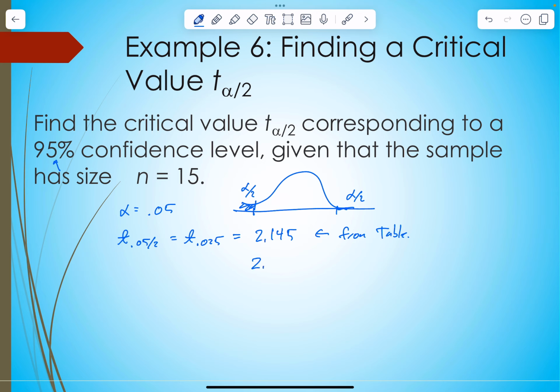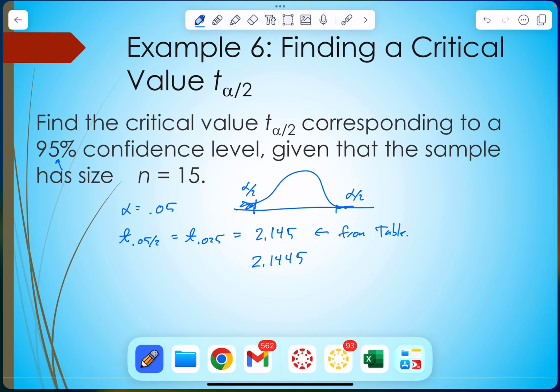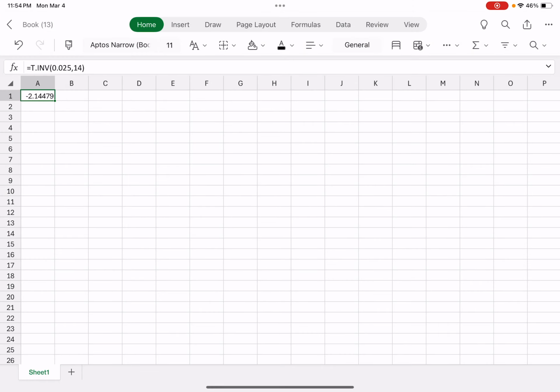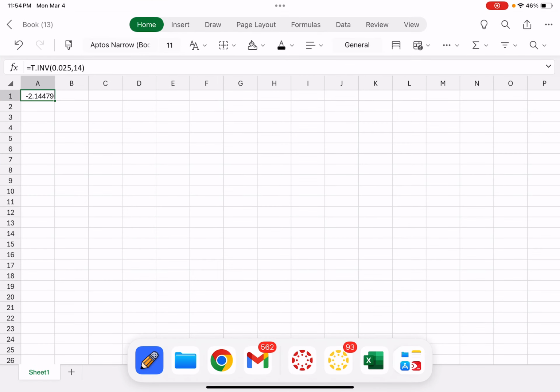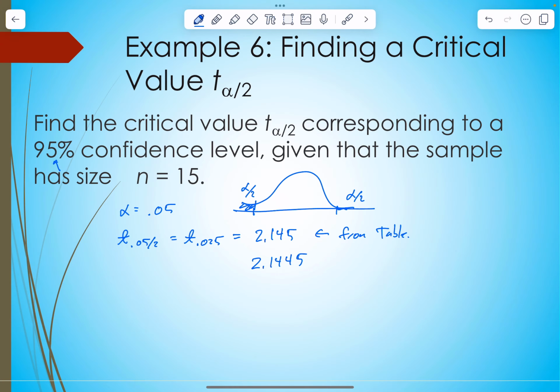So I get 2.1445, I think is what I got there. Oh, 79, which rounds to 2.145, which is just what I got.